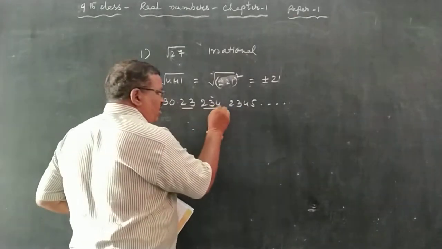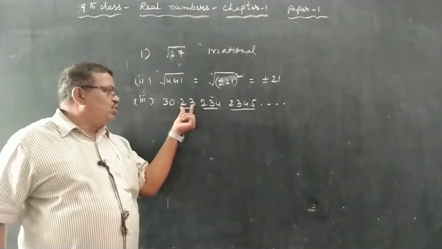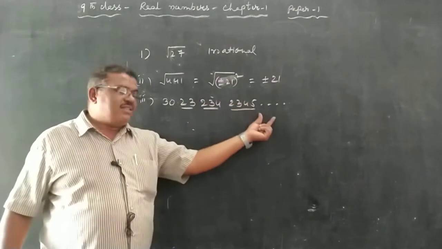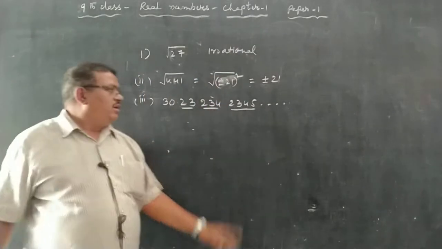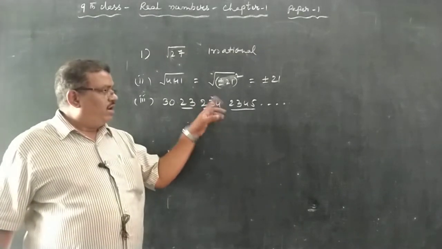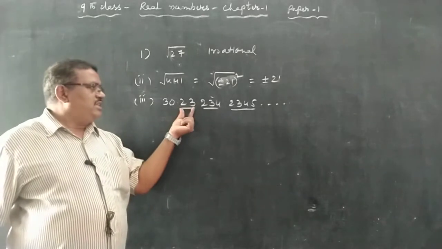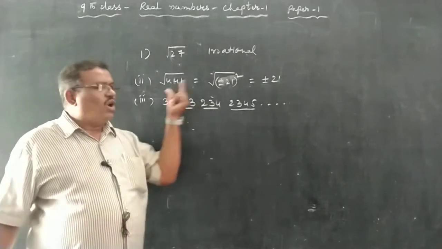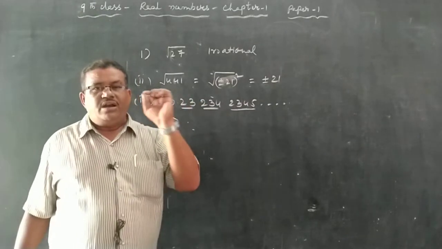The decimal is non-terminating and non-recurring. Recurring would mean 23, 23, 23 continuing like this. Here it is 23, afterwards 234, afterwards 2345, so it is neither terminating nor repeating. Such a decimal is said to be an irrational number.